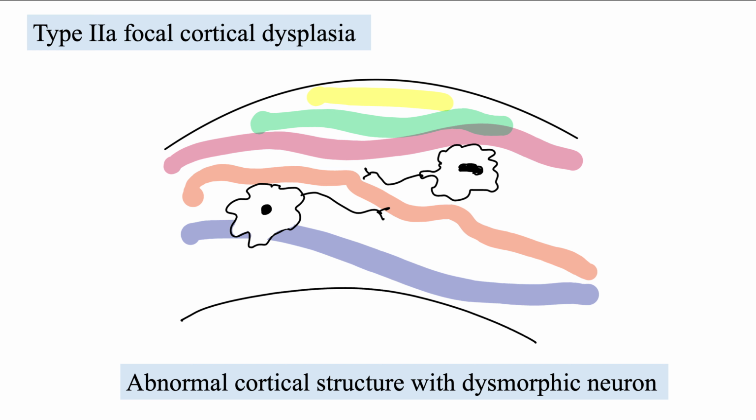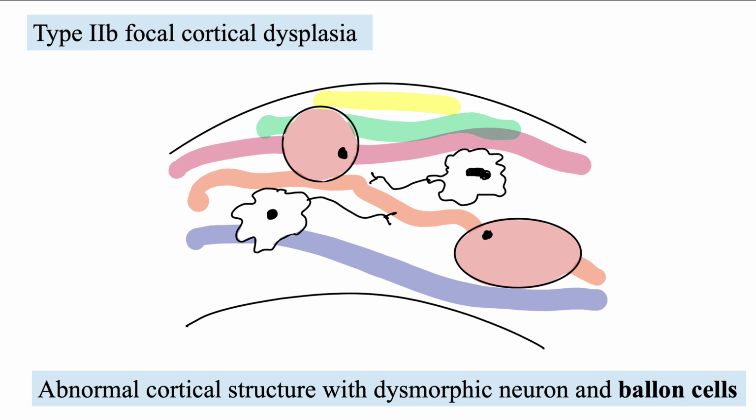Type 2B is nothing but type 2A plus balloon cells. If you see balloon cells on the histopathological slide, which have eosinophilic glass-like cytoplasm, it is called type 2B focal cortical dysplasia.